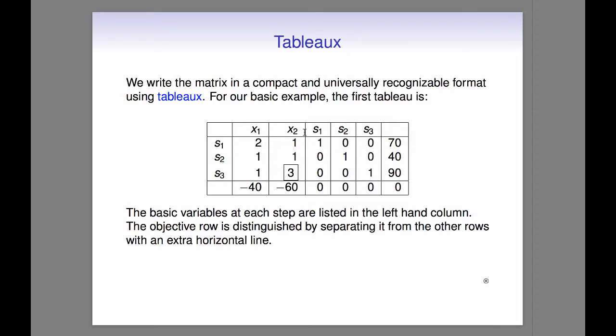So this is just a fancy name for a table. We put the variable names along the top, and on the left-hand side we write down which ones are currently the basic variables. And we put an extra line across here separating the constraint rows from the z equation row.